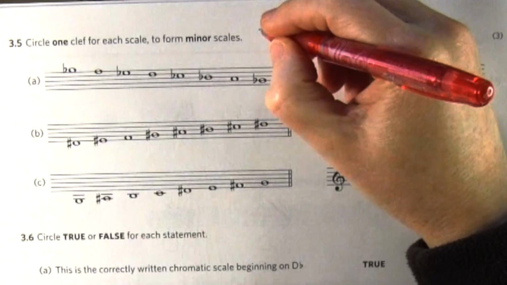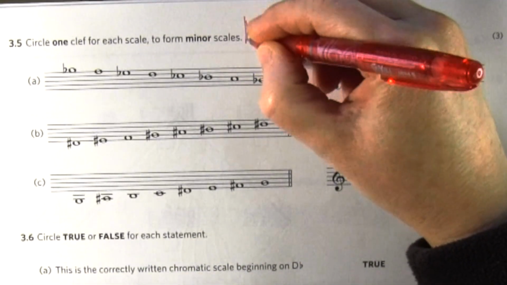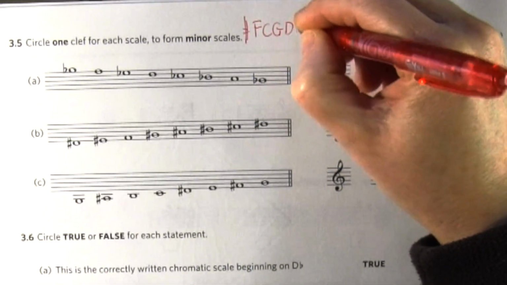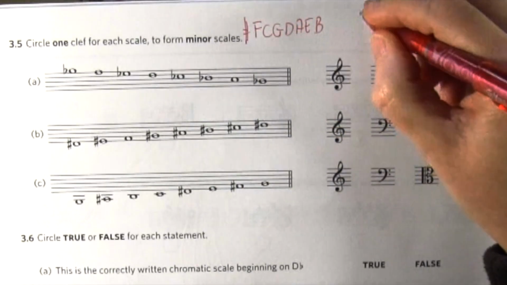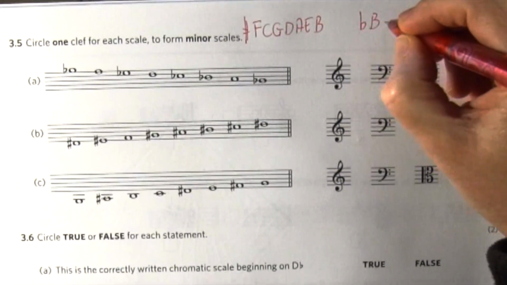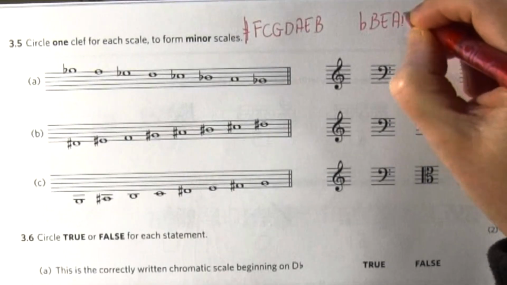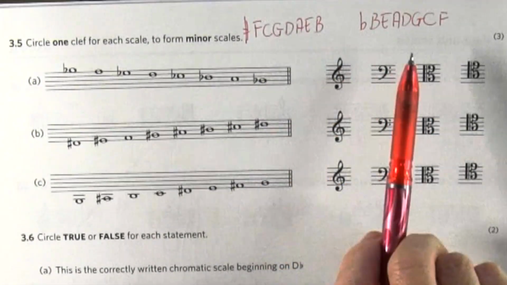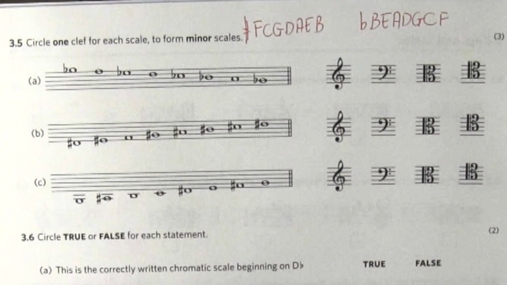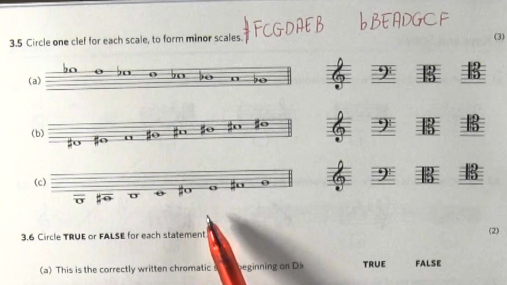So first we need the order of sharps and flats: Fa, Do, Sol, Re, La, Mi, Si, and then backwards it will be the flats. So Si, Mi, La, Re, Sol, Do, Fa. In my cheat sheet you can create a fun sentence as well, different from mine, but anyway.